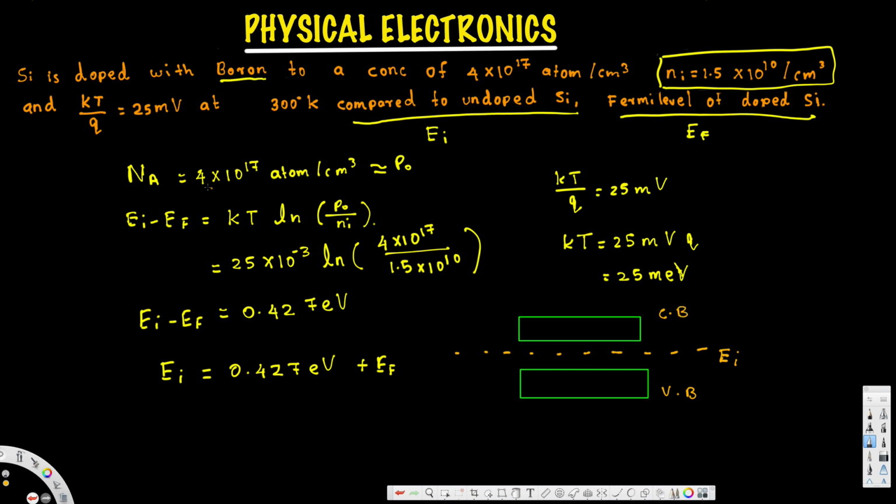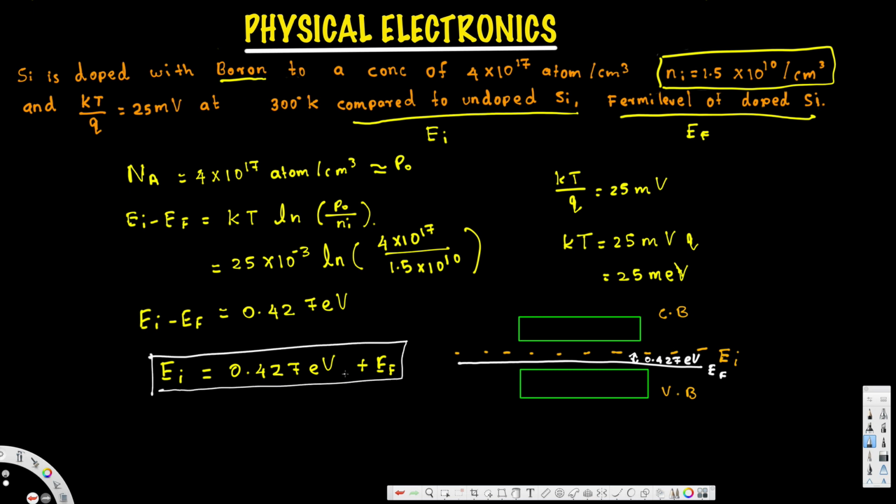Here we are dealing with acceptors, so we are going to have holes. Holes are almost near the valence band, always near the valence band, so it's going to be somewhere here. So this is going to be the Fermi level, EF. The distance between this and this is given by 0.427 electron volts. If you add EF plus this, that's going to give you Ei. That's what we derived right here: Ei is equal to 0.427 electron volts plus EF.